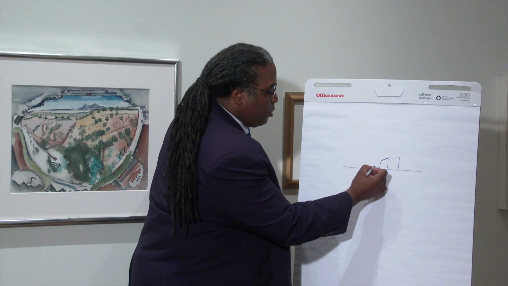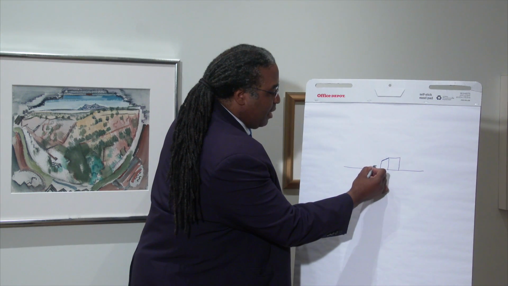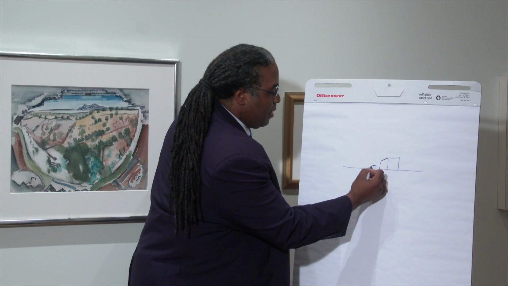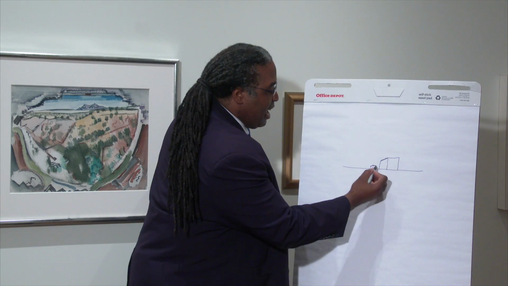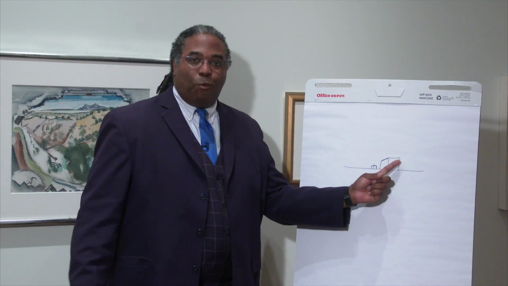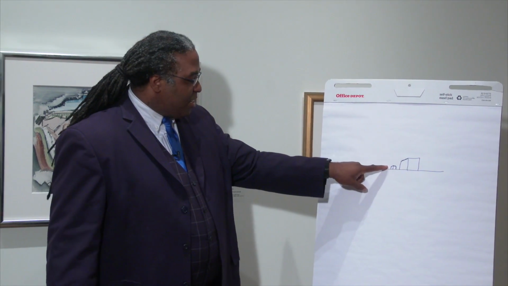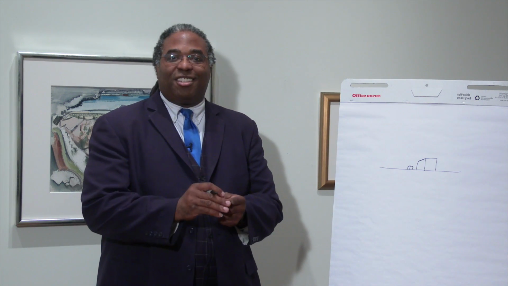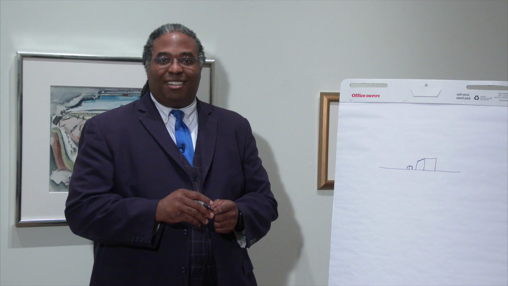And then what I could do is way back here, I could draw another set of lines. And now it appears that I have one block that's in front of another. All of that done through the use of angles and lines.